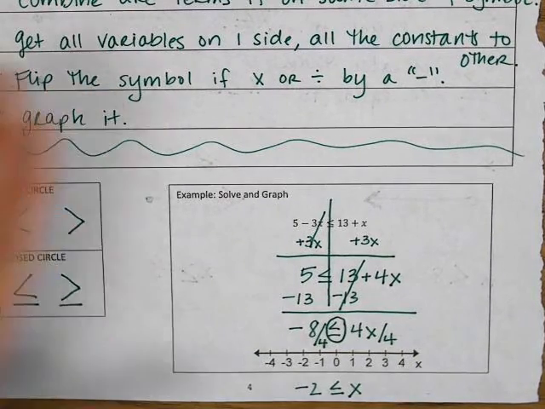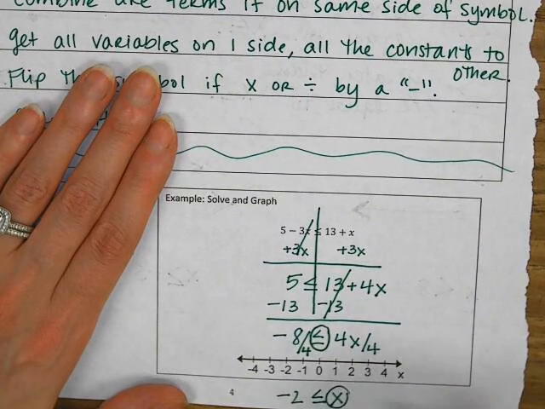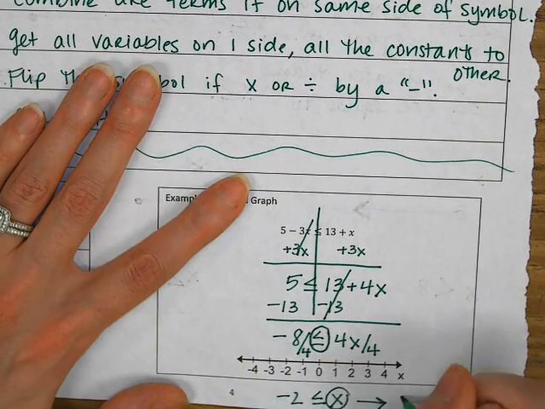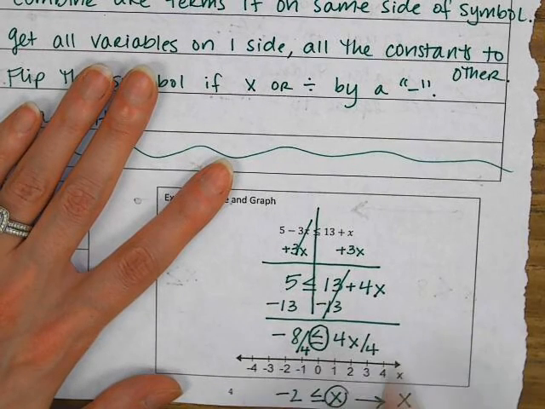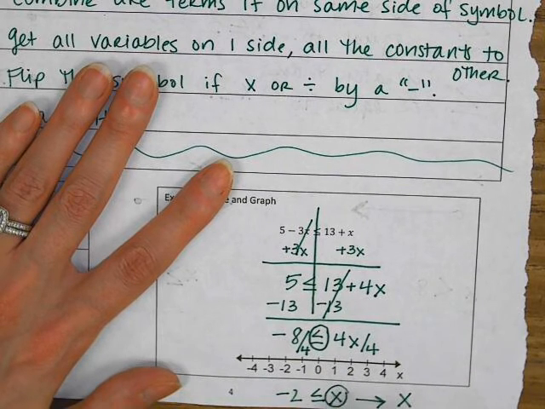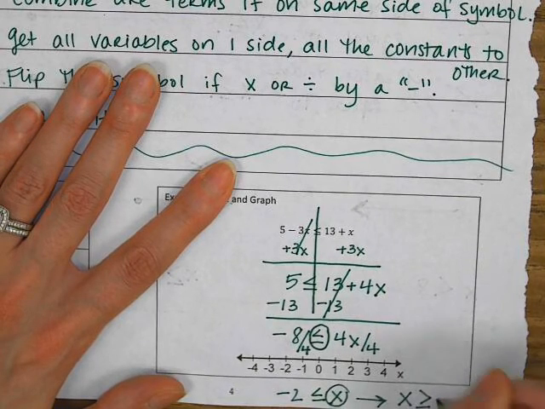And then something I like to do, when my x ends up on the right-hand side, I like to switch it and put it on the left-hand side. But when I switch the order, I also have to switch the symbol. So negative 2 is less than or equal to x is the same thing as saying x is greater than or equal to negative 2.